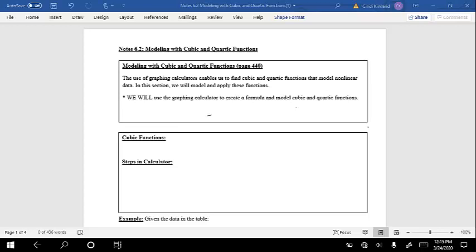If you remember from previous examples when we were doing linear and, not quartic, but quadratic regression, we would always go to the stat function on our calculator. We're going to be going to the same area to find cubic and quartic functions. We're going to hit the stat button, then go to calc.